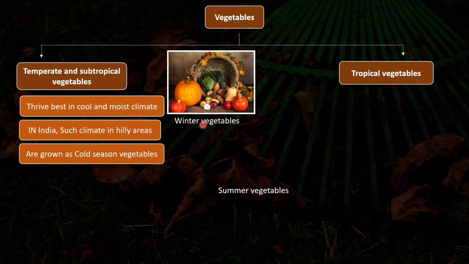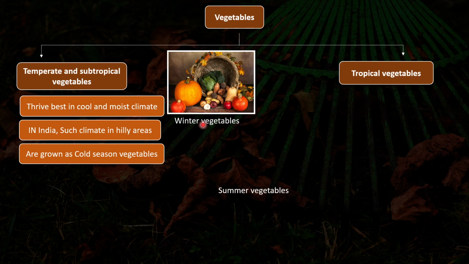In fact, I need to mention that winter is a season where you will observe most of the type of vegetables in the market, because this is the season where most of the vegetables grow very profusely and very happily, right?